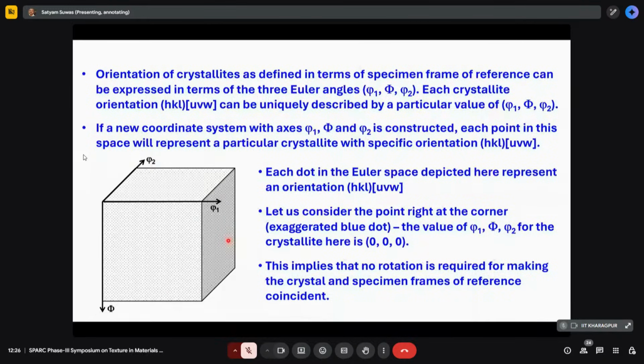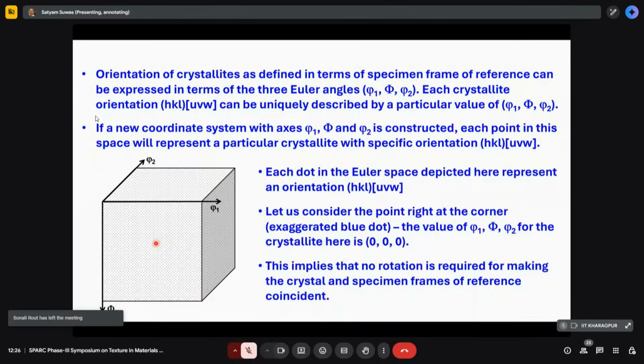So for a polycrystalline material, which is a three-dimensional body, your axes become, instead of XYZ, φ1, Φ, φ2, and each point in this space is a set of three angles which represents a crystal. Since each crystal has a unique orientation, you just represent these points, and so there is no question of ambiguity.